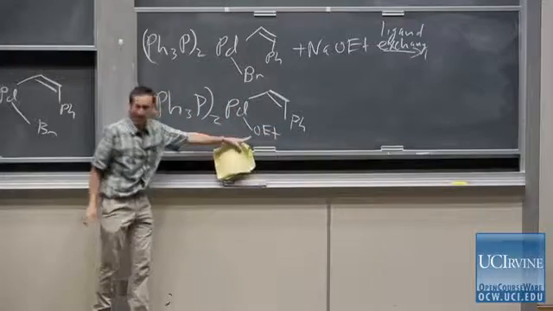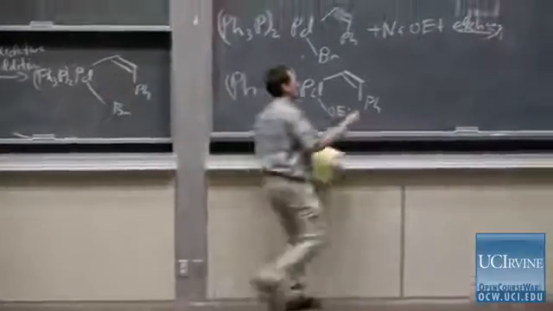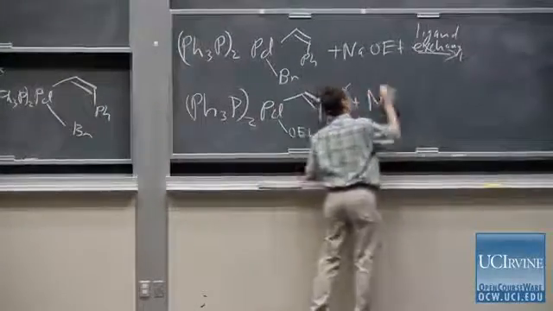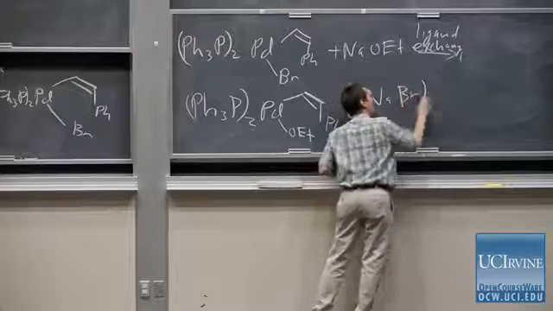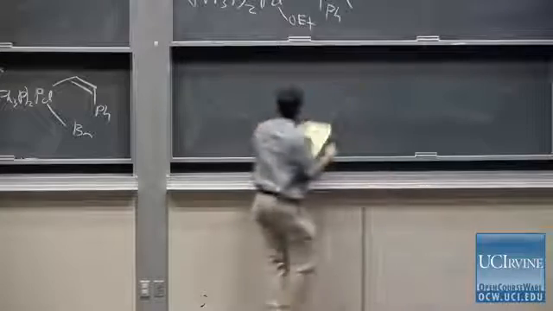So we're going to just replace the bromine with an ethoxy group. And if I wanted to balance the equation, I suppose I'd say that sodium bromide is also a byproduct of this reaction.